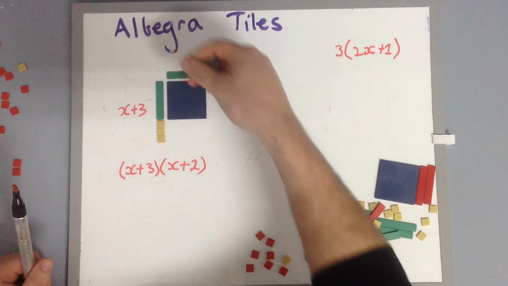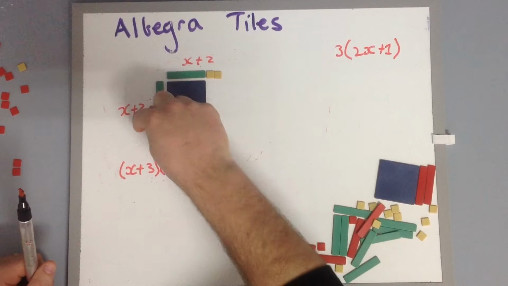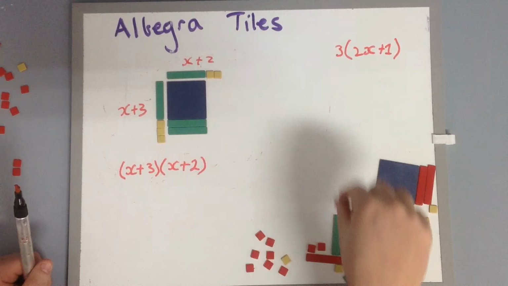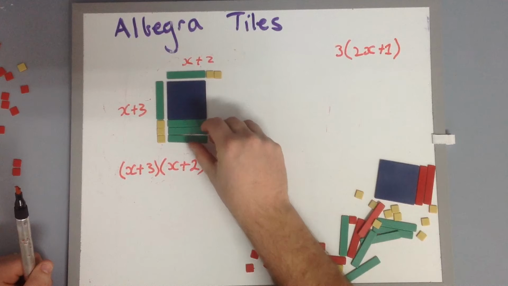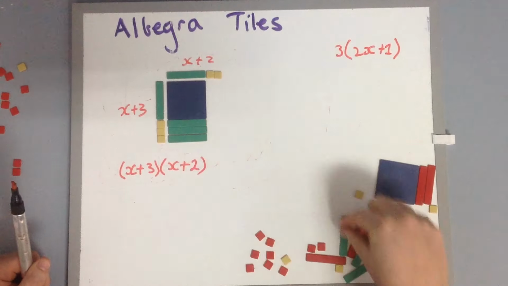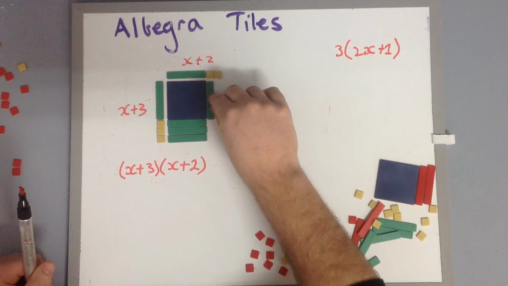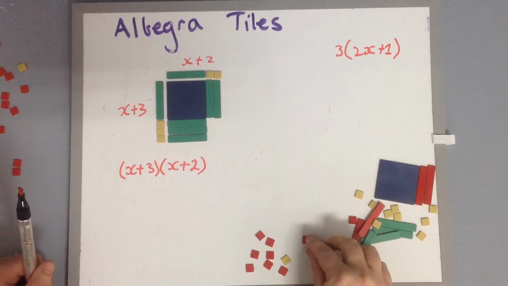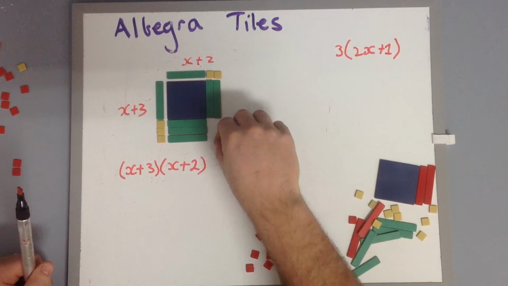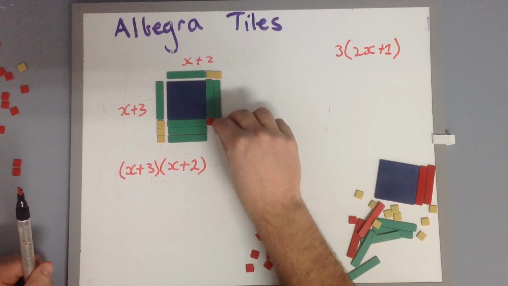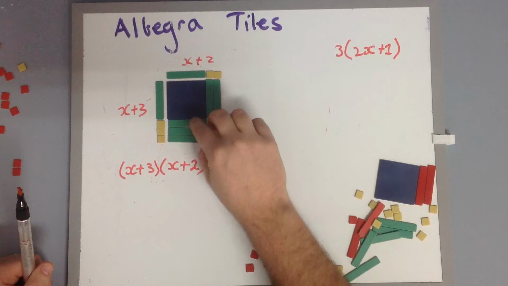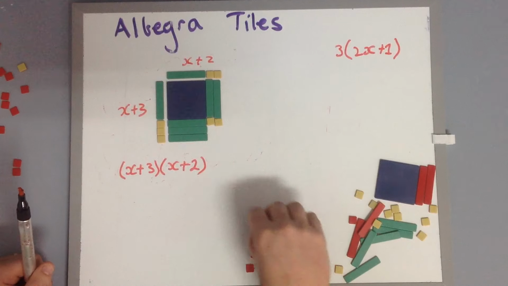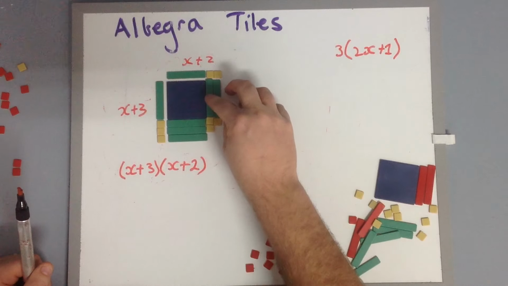Now if we look down this way, we still need our long ones because of our single ones this way, and a positive by a positive gives a positive. Looking this way, we still need our length, but it only needs to be skinny, and again it's positive by positive, so we use these ones. Down here we've got our positive by our positive again, which gives us positive values.